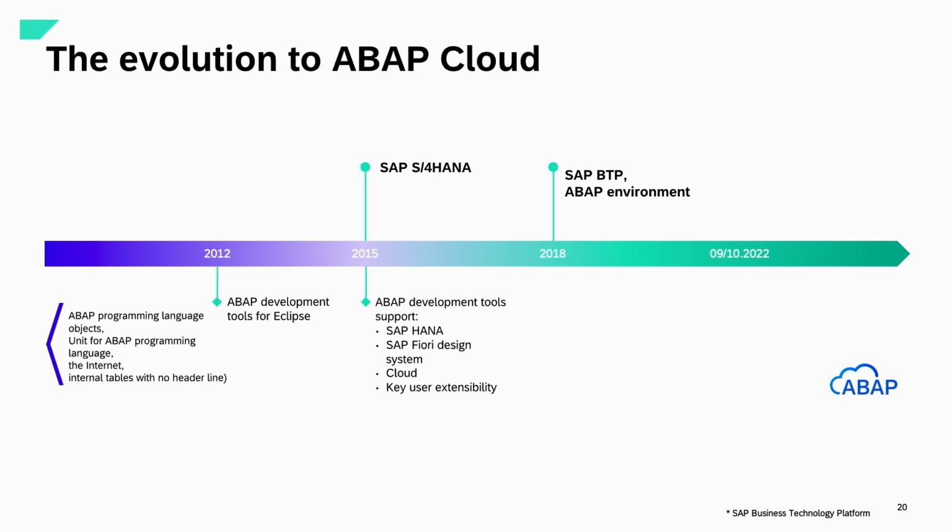Then in 2018, we finally brought out in SAP BTP the ABAP environment. We're very proud of that, where we introduced this cloud-ready extension of the ABAP language scope and the ABAP RESTful application programming model, which really helps you to build cloud-ready applications.